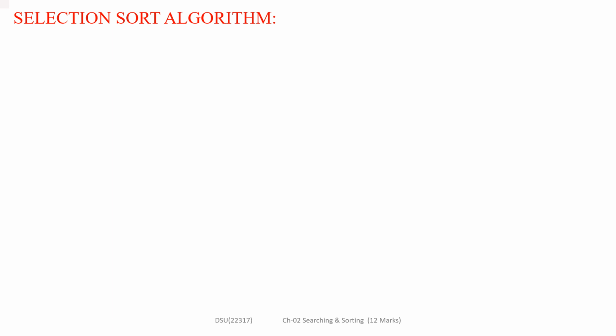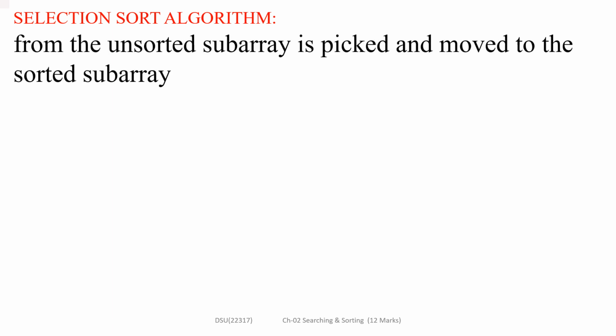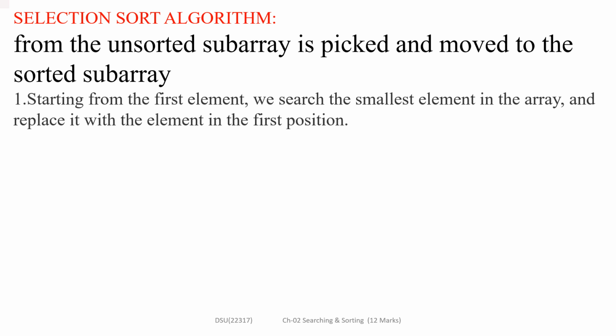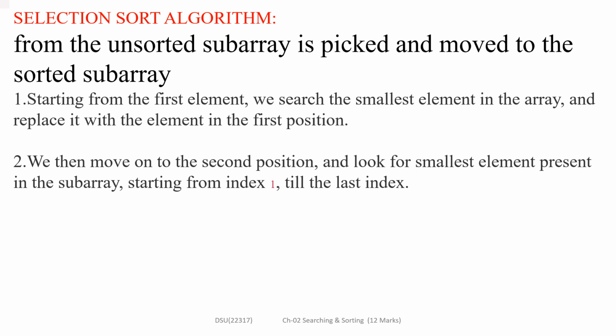Now we will see the selection sort algorithm. Starting from the first element, we search for the smallest element in the array and replace it with the element in the first position.